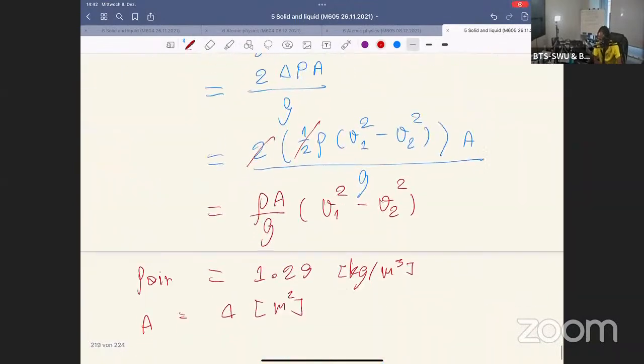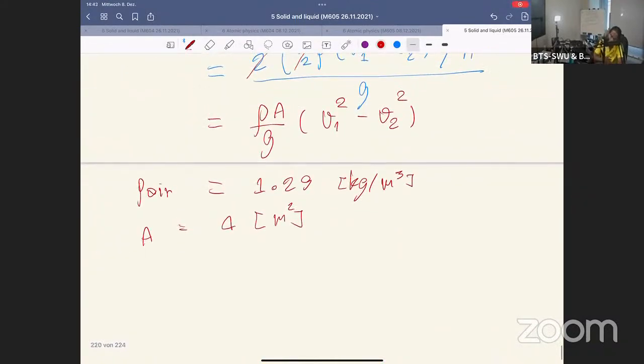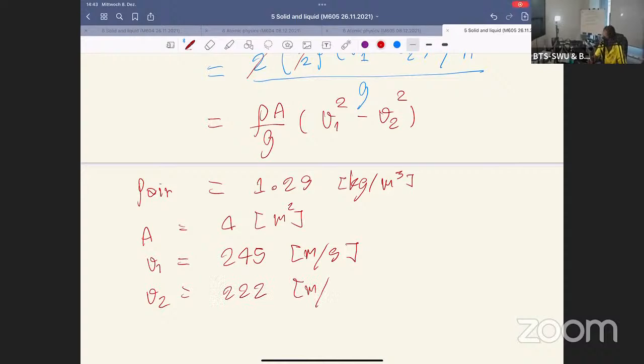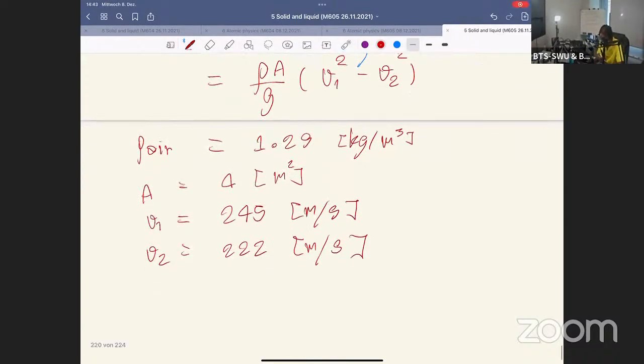A is 4 and g, of course, is 9.8. V1 is the higher speed, which is 245 meter per second. And V2 is the lower speed, which is 222 meter per second.